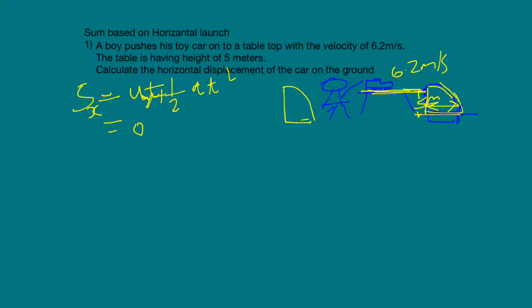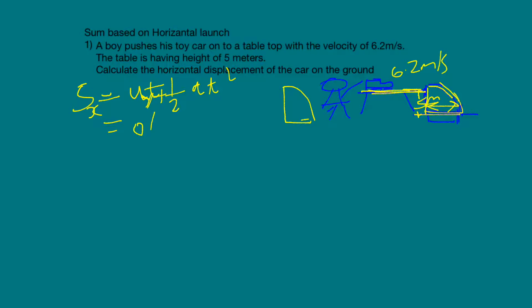Along the x-axis it is 6.2 meters per second. It is pushed parallel to the earth, so it is not falling perpendicularly. That is why initial velocity along the y-axis is taken as 0.